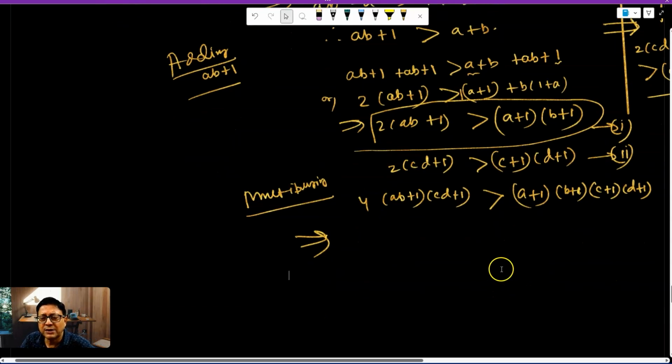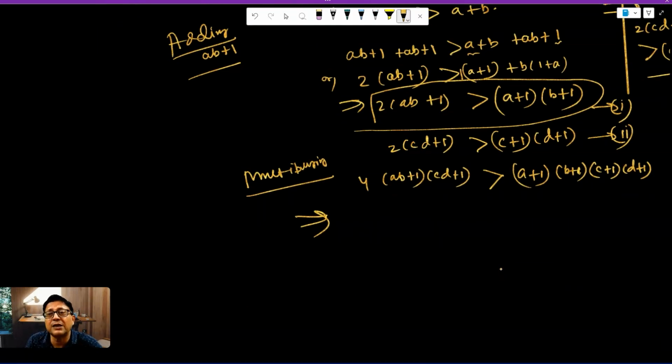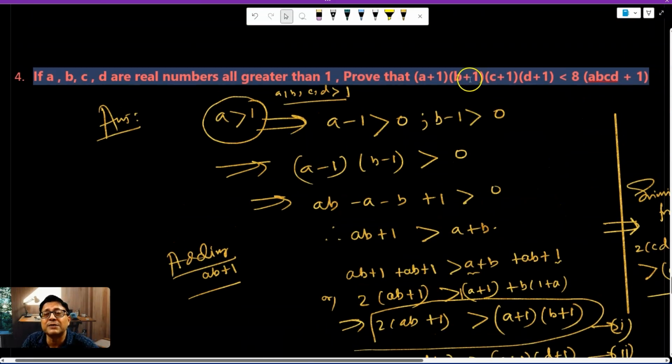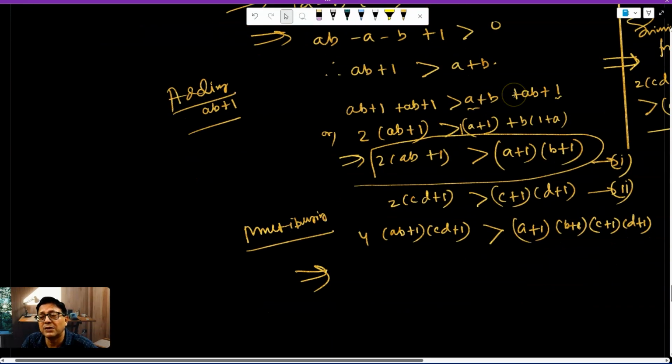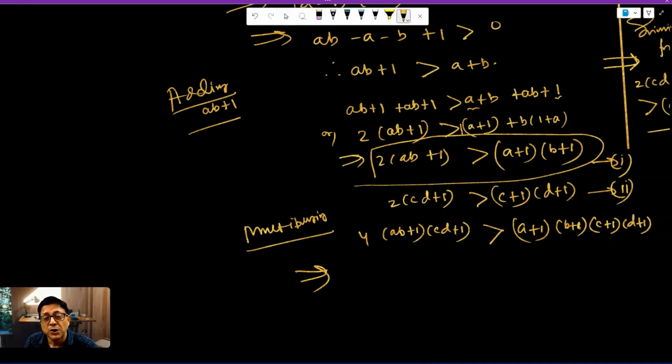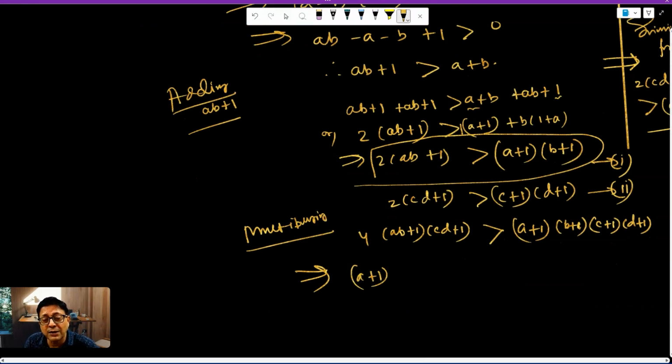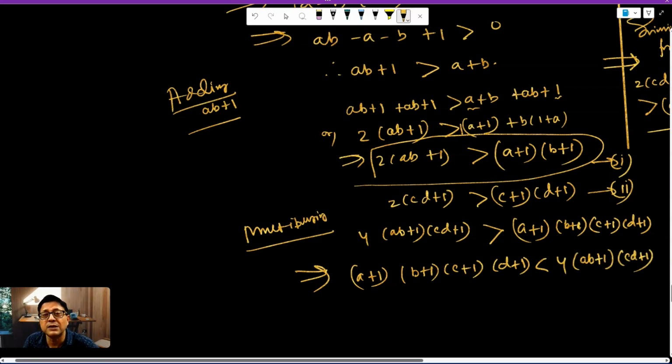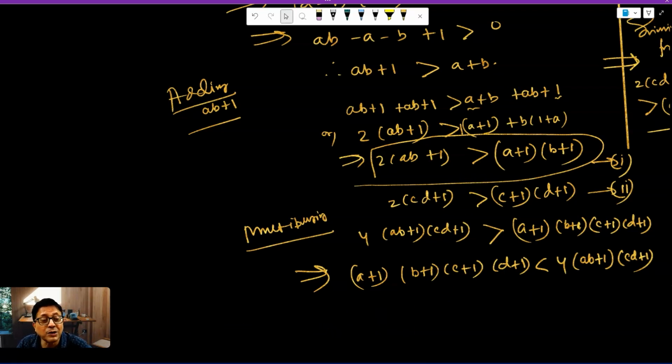Okay, let me start this way. Because we have to get this thing on left side, A plus 1, B plus 1, C plus 1, left hand side. So you write A plus 1 and D plus 1 less than AB plus 1, CD plus 1. Okay. Now what to do?